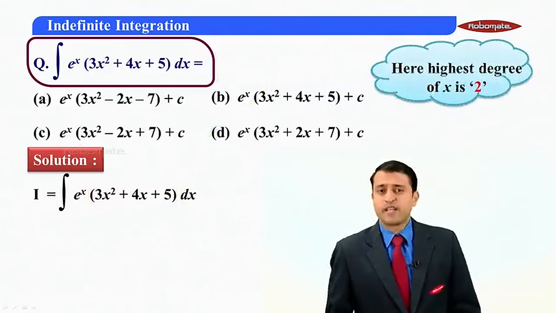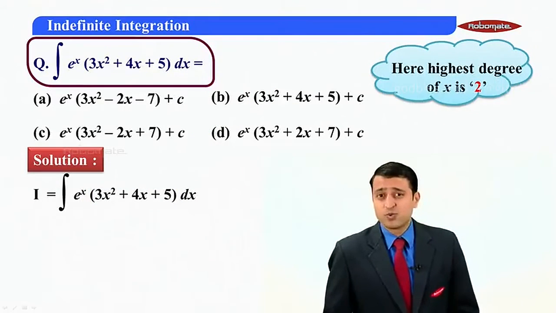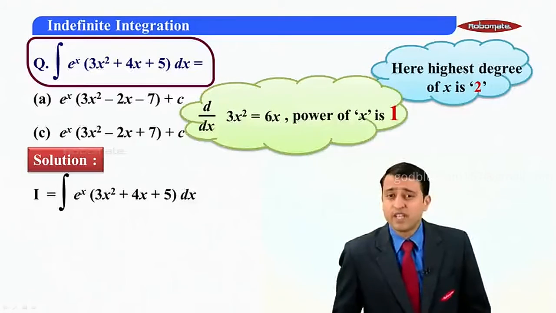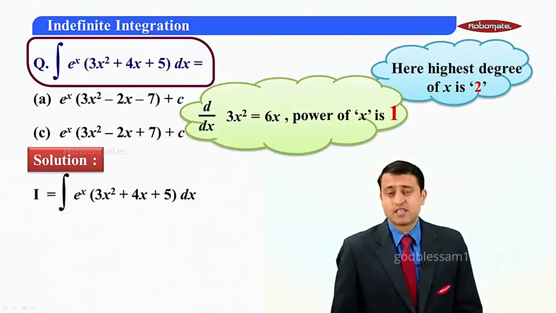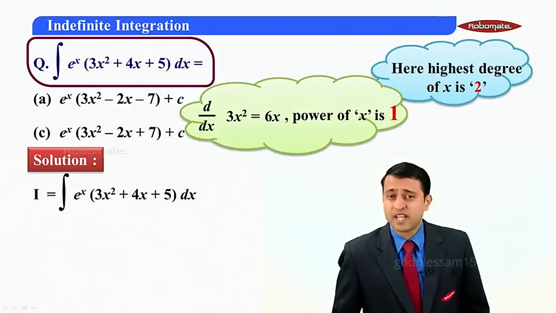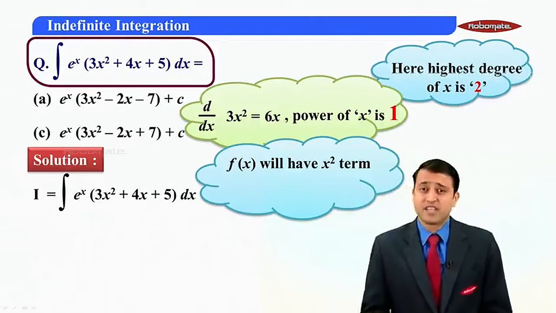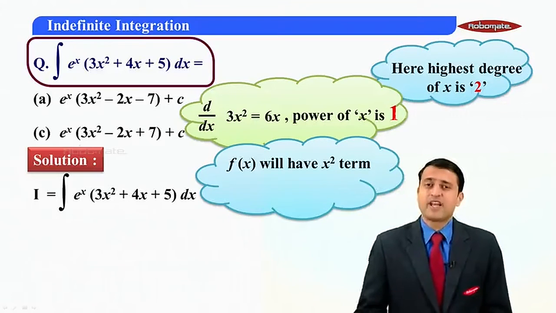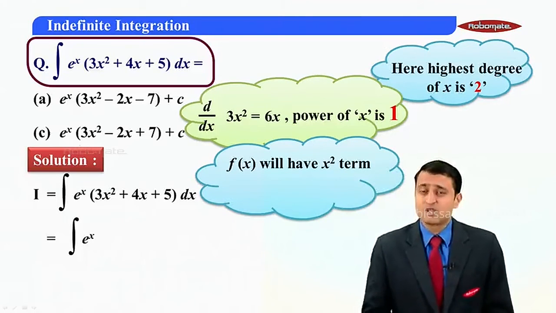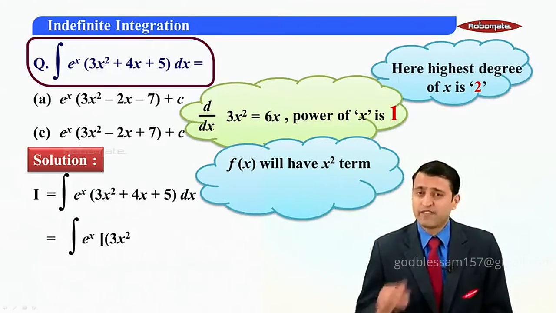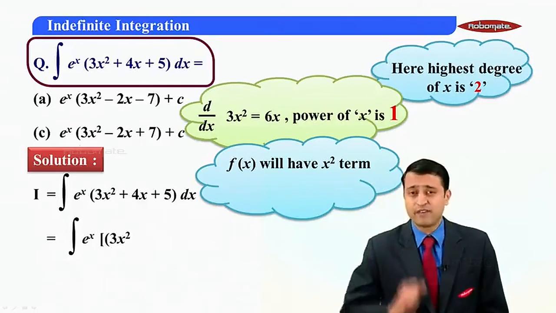So, what do I observe, my dear students? Highest power of x is 2. And what is the derivative of 3x square? It is 6x. So, can I say the power of x in that is 1? Correct? So, here we will have f of x in terms of x square and f dash of x will be in terms of x. So, let us put 3x square as a part of f of x.